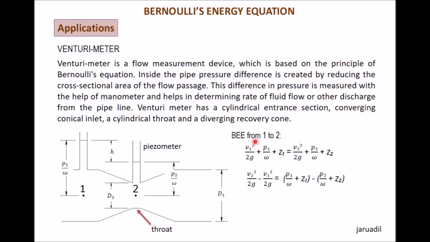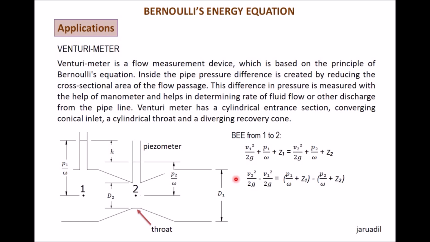Now again, using the Bernoulli's energy equation, now if this is the height of the liquid at this point 1, then of course this is the pressure head P1 over omega. And at point 2, if this is the height of the liquid at this point, this is the pressure head P2 over omega. Now the difference between the two pressure heads, we call that H.